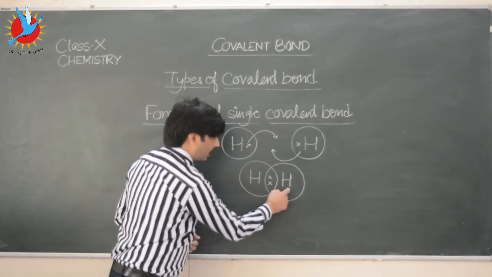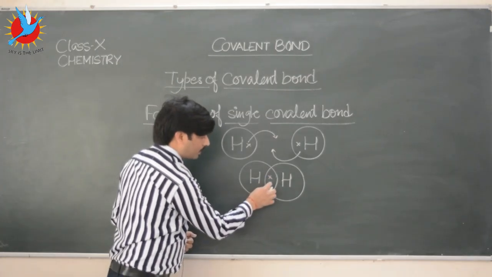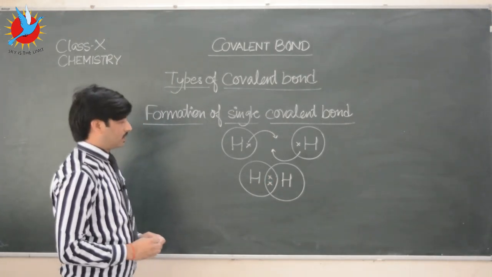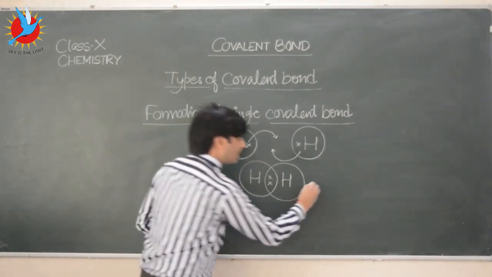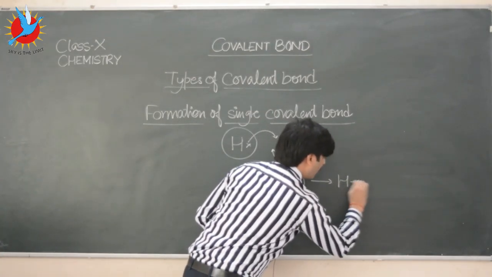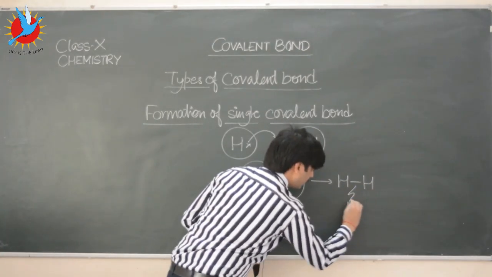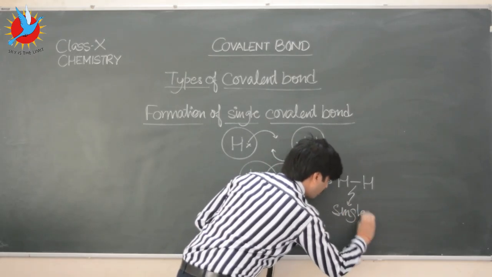So between 2 hydrogen atoms, because 1 electron pair is shared, the bond present between the 2 hydrogen atoms is a single covalent bond.